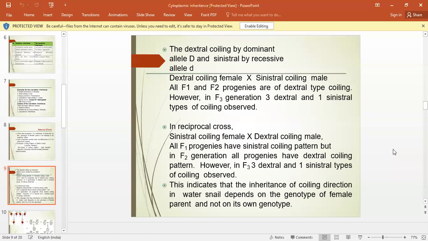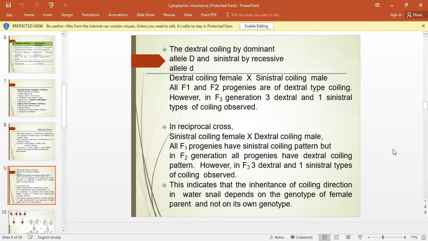So if you cross a dextral coiling female to a sinistral coiling male, remember female means your mother, dextral coiling. Whatever your progeny, F1 and F2, independent of their genotype, they show the phenotype of dextral coiling only. Understood?